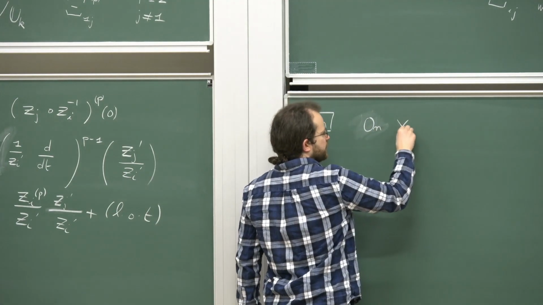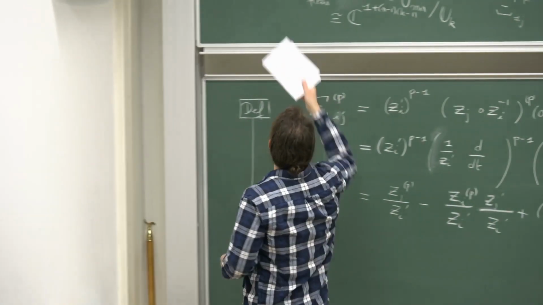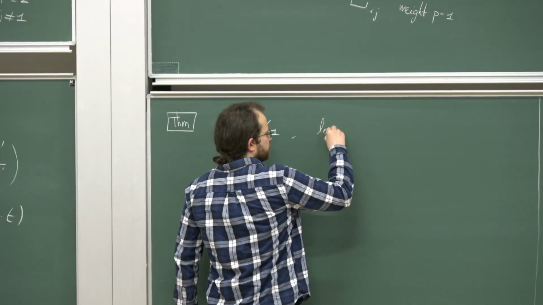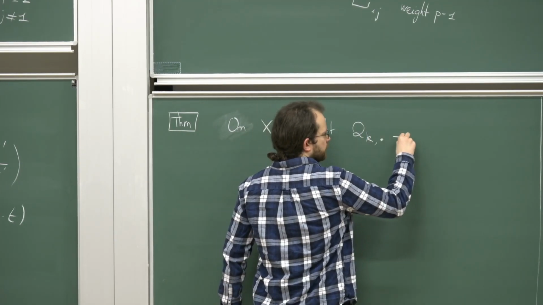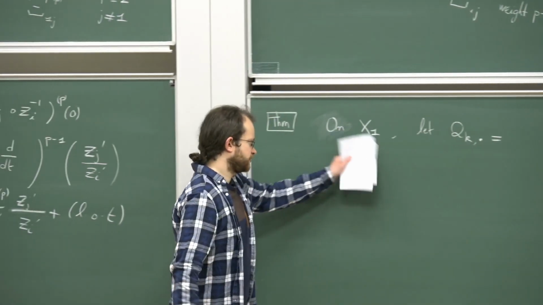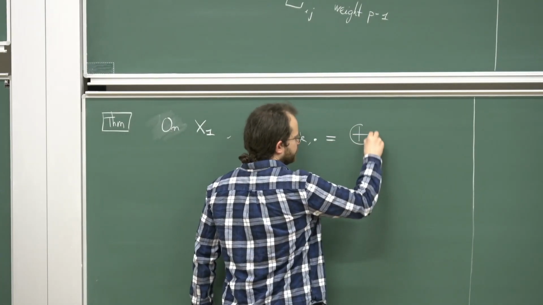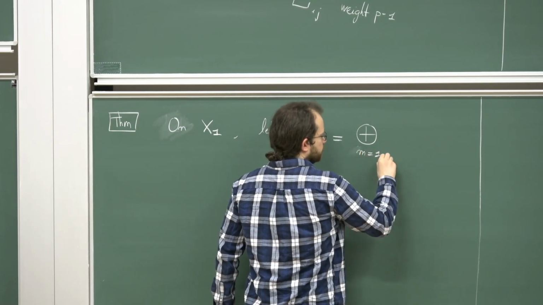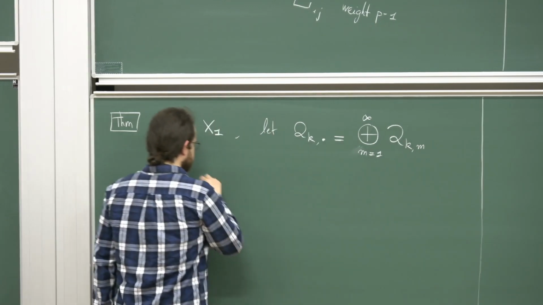On the space X1, remember it is the projectivization of the tangent bundle, you can consider the following algebra: a coherent algebra of OX1 with some grading, which is generated.